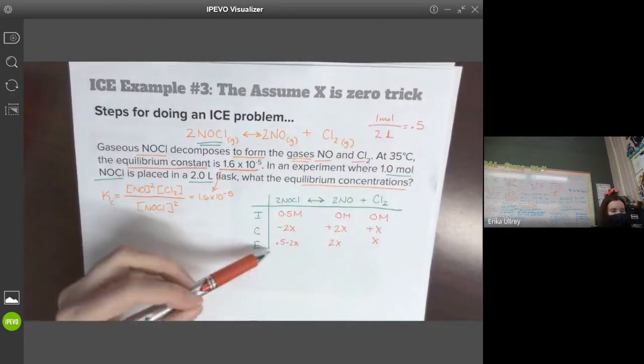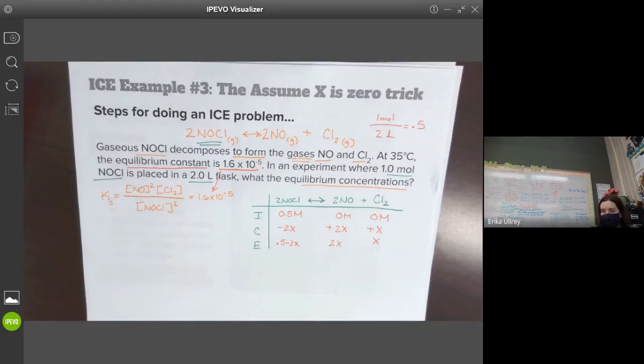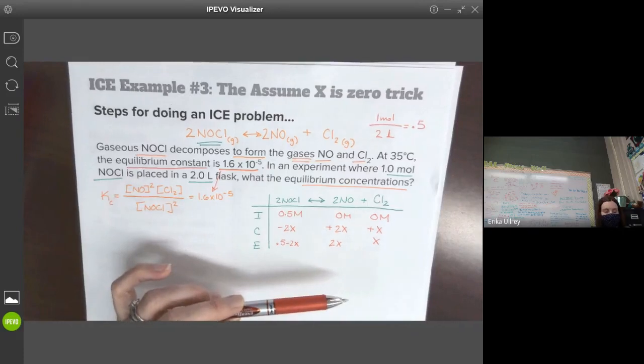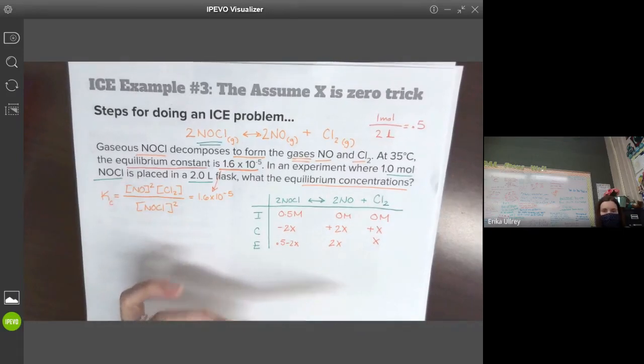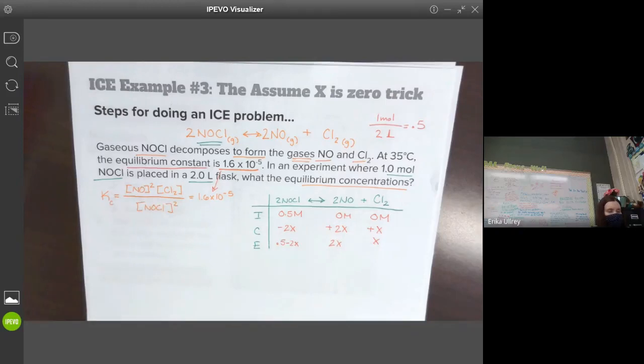So now we have these equilibrium concentrations. So we've gotten to that step. What's the next thing we need to do? We've filled out our ICE table. Lisa, what's the next thing we're going to need to do? Now we have our equilibrium concentrations down here. What are we going to do with that now?